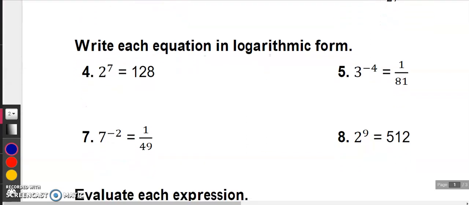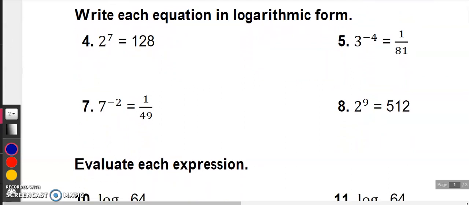So if I'm looking at number 4 over here, and I see 2 to the power of 7, if I want to switch that into logarithmic form, I just want to make sure that the base of my log matches the base of the exponential.